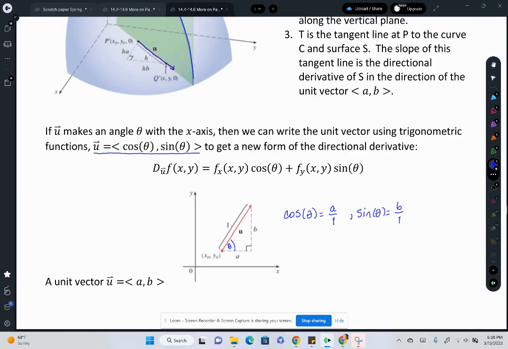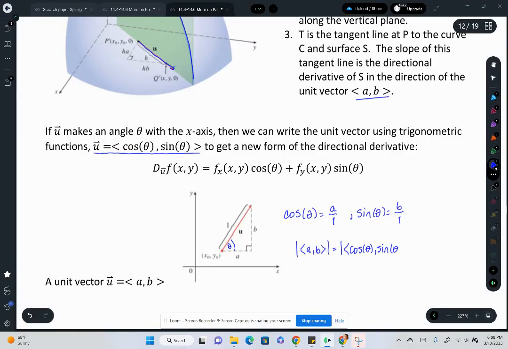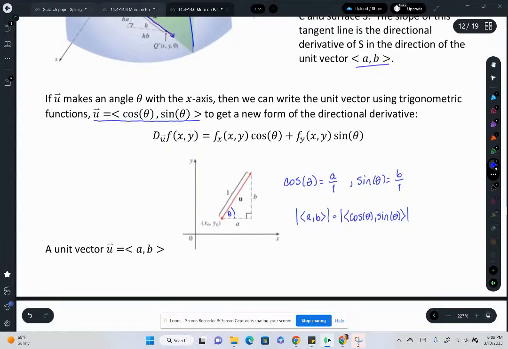Okay, and now if I was to take the magnitude, these are going to be my two components. Remember, up above we had the unit vector has components a and b. If I was to take the magnitude now of some vector ab, a is equal to cosine, and b is equal to sine, and I'm going to take the magnitude of that instead.